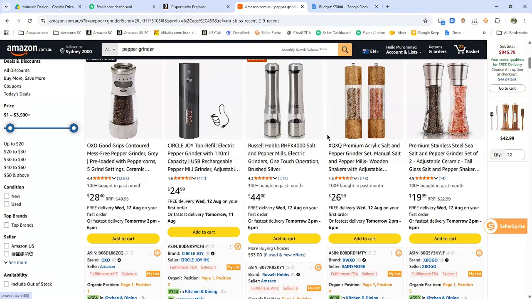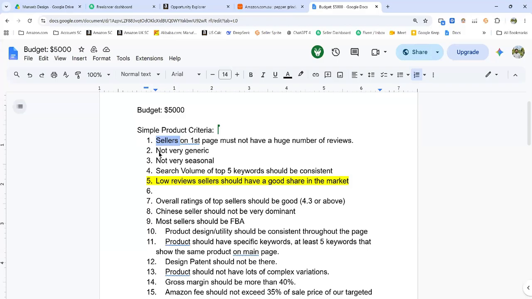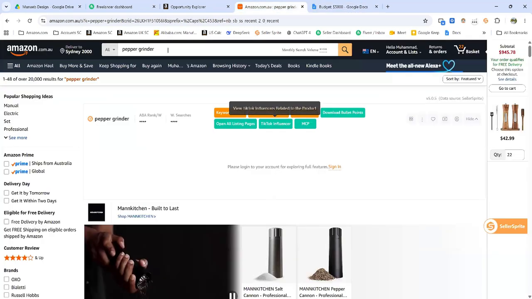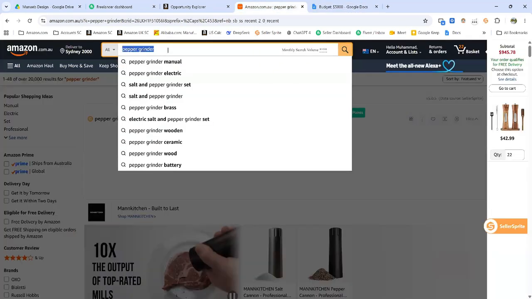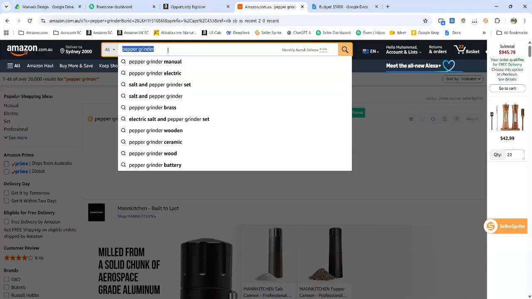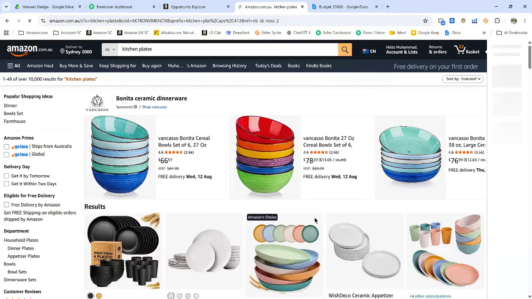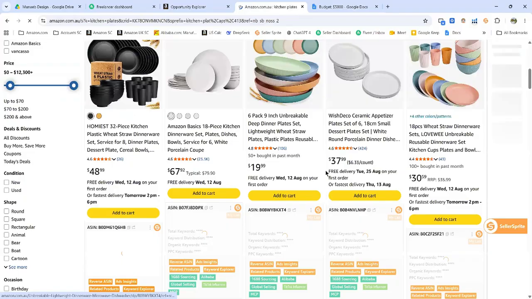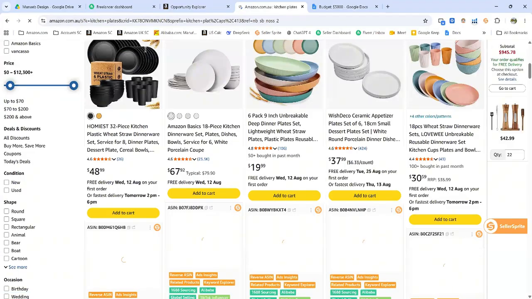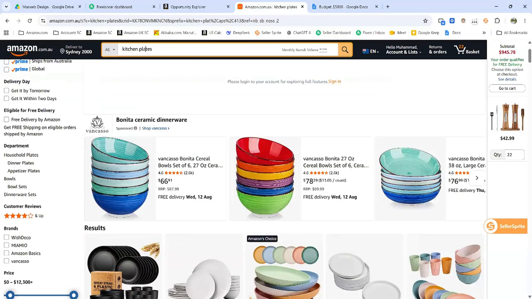We already discussed that a lot of times. The product should not be very generic. A generic product is a very common product, for example, kitchen plates, which you can find in any store near you, or maybe baby diapers.